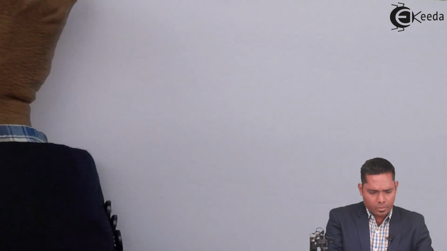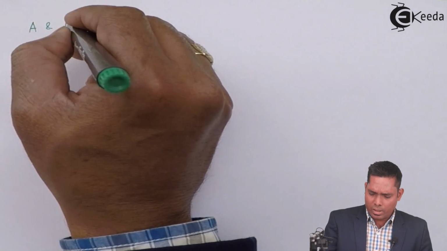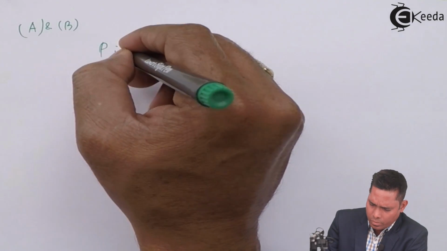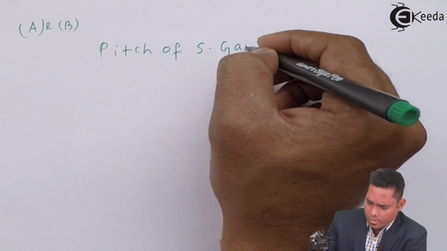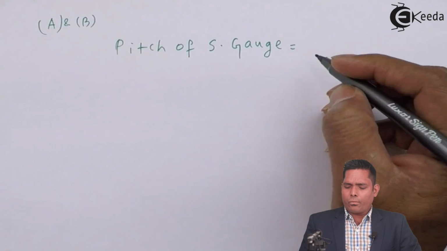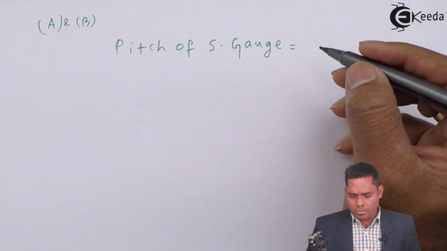next we have to find the least count in case of A and B. For the options A and B, we'll see the pitch of the screw gauge.